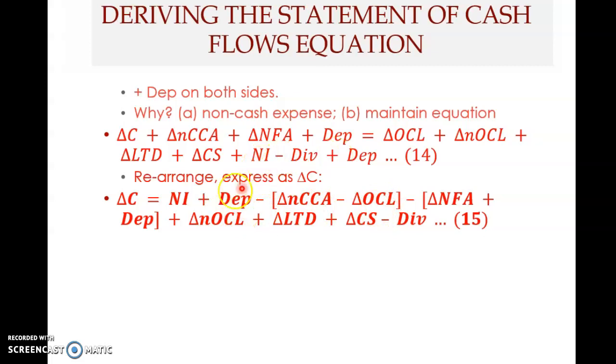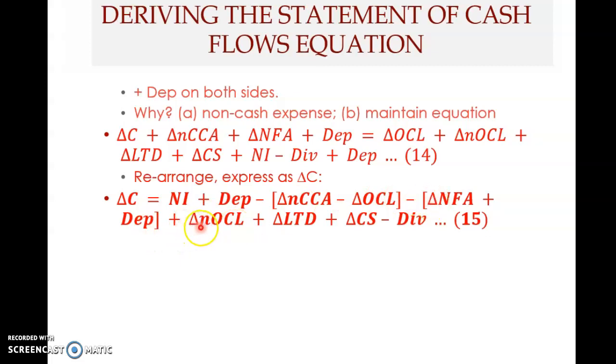So net income comes to the front, then plus depreciation, minus change in non-cash current assets, minus change in operating current liabilities, minus change in net fixed assets plus depreciation. This is within brackets.